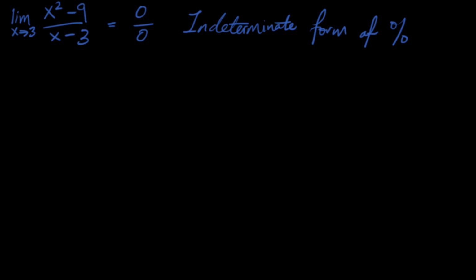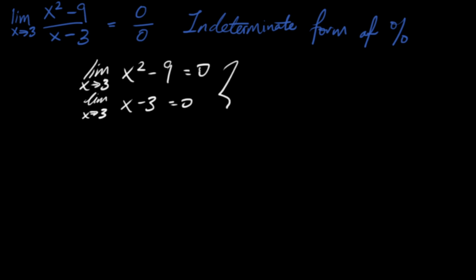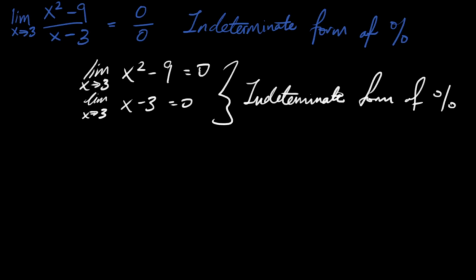So one way that you can represent that is the limit as x approaches 3 of x squared minus 9 equals 0, and then you put the limit as x approaches 3 of x minus 3 equals 0. So you can just write the indeterminate form of 0 over 0. Now that's what we show on our first step.